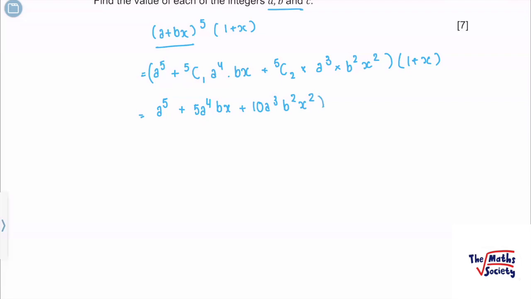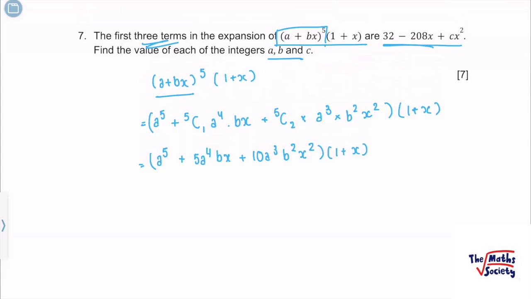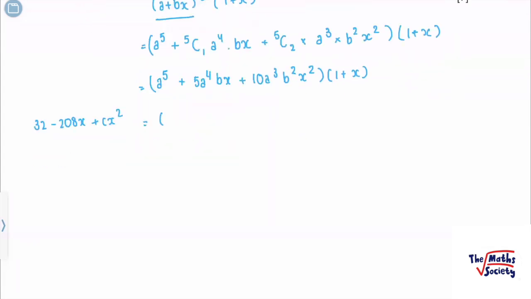And after that, it's going to be multiplied with 1 plus x. And we know that they've already given that it is equal to 32 minus 208x plus cx squared. So we have a to the power 5. Let's multiply them now. So it's a to the power 5 plus x, so that's going to be a to the power 5 x.